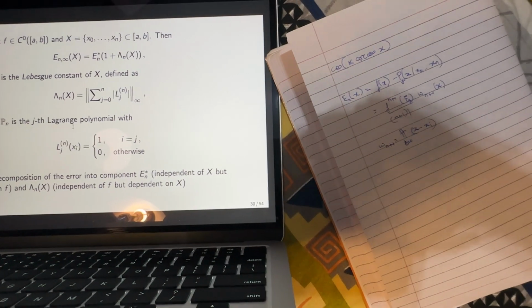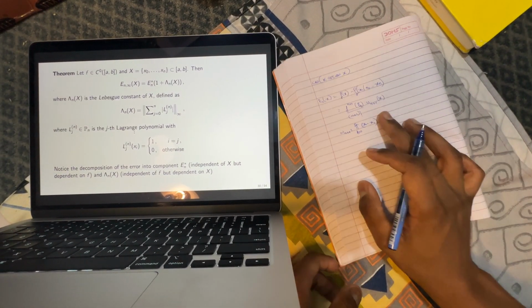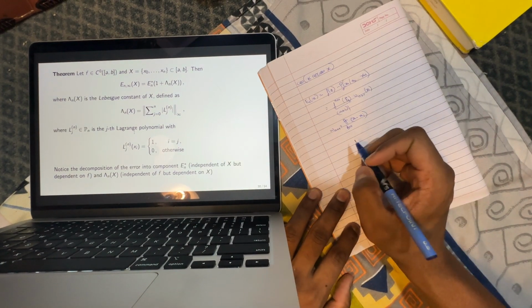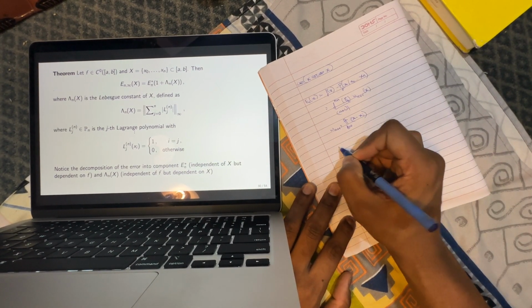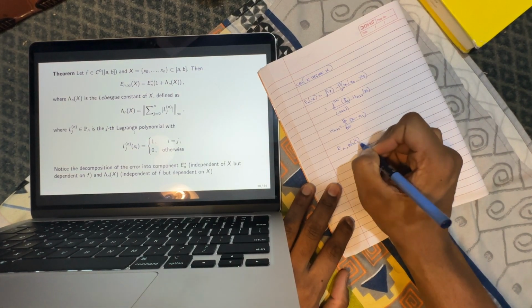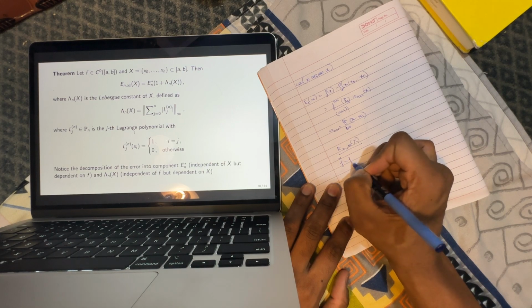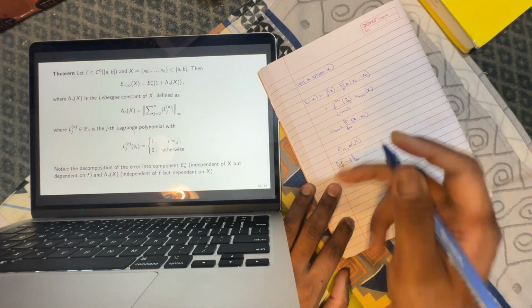Can I zoom out a bit? Yeah, this works actually. The theorem that has been posited is En infinity norm of x. This is the one which we get from f tilde minus f infinite norm, right?